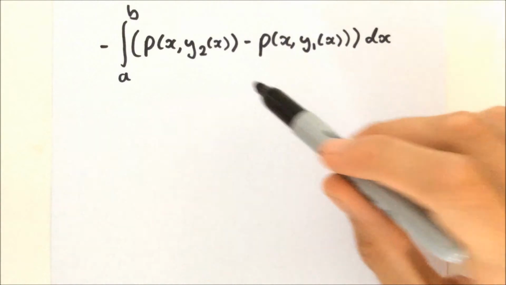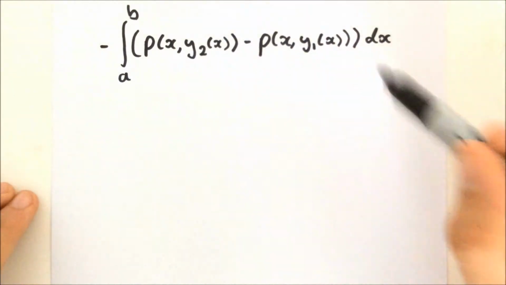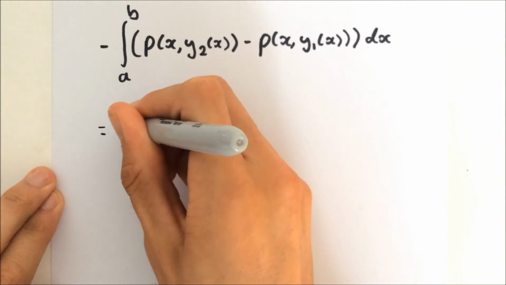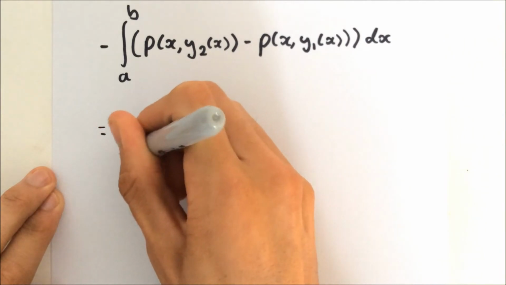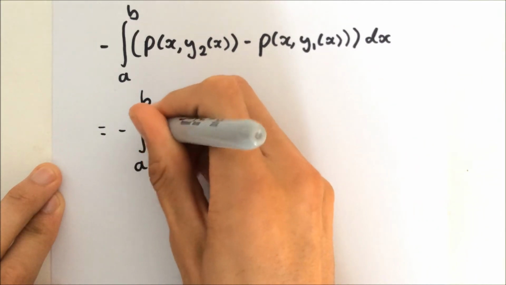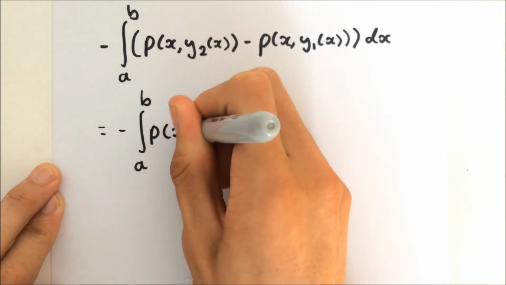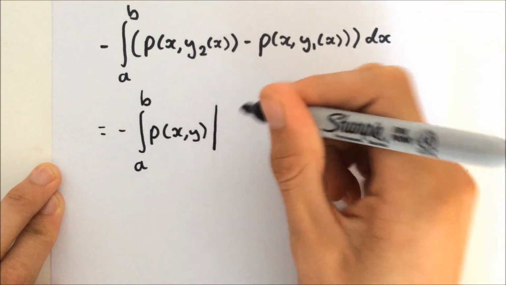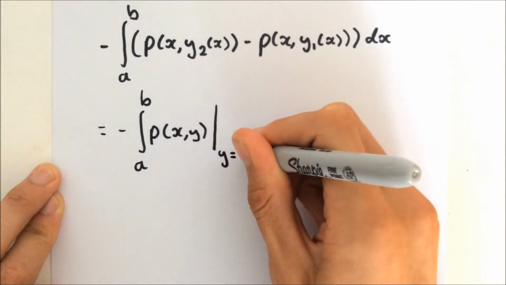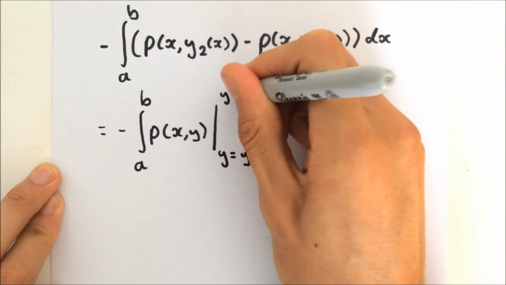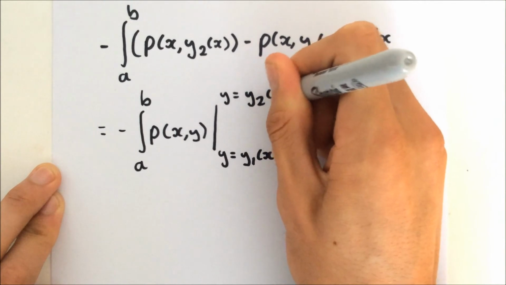Okay, so we can do something with our integrand we have here, and this integral becomes still negative integral from a to b, okay? But this becomes p of x, y, but we evaluate this at y equals y1 of x, and y equals y2 of x, okay?